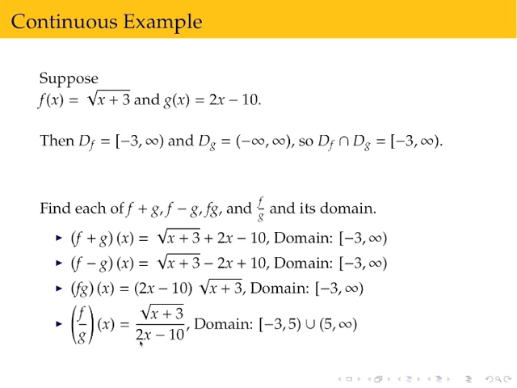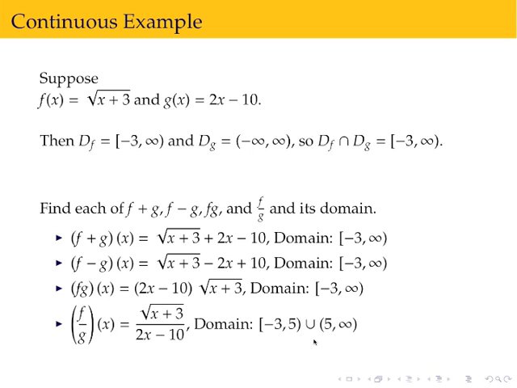So I could make an equation by setting the denominator equal to 0, 2x minus 10 equals 0, and solve that, and you'll get the number 5. 5 would make this denominator 0. And so 5 is not included in the domain of my new function.